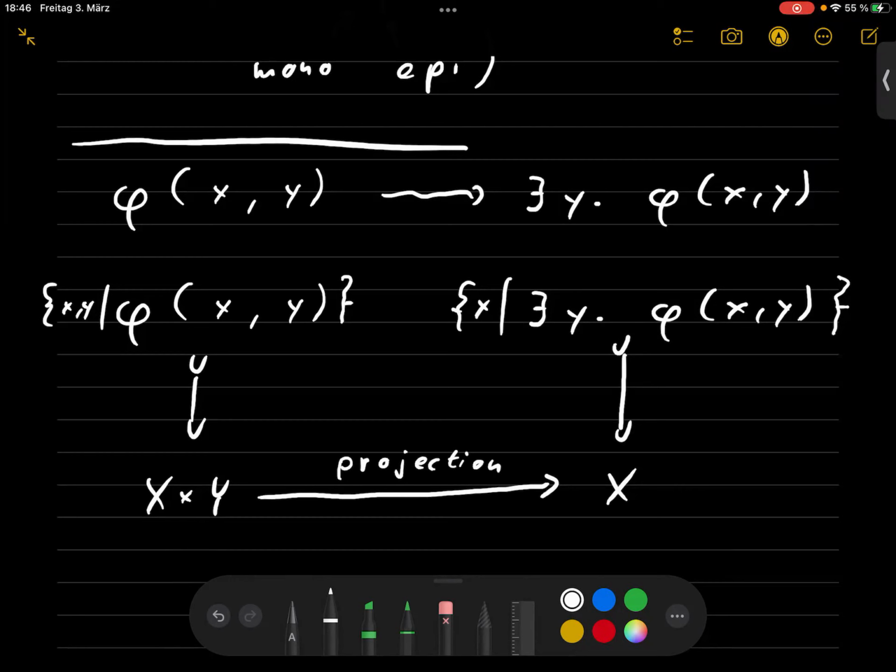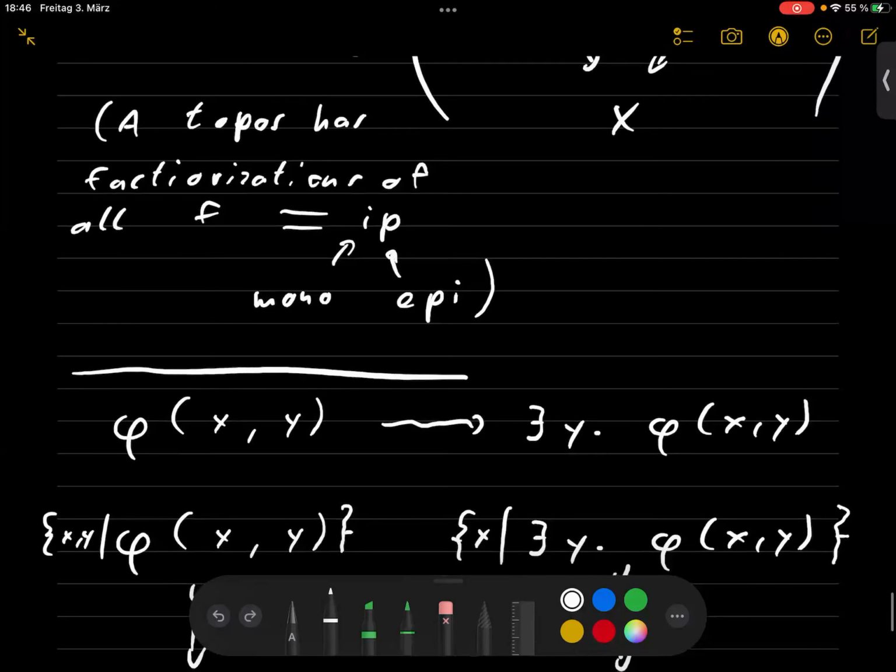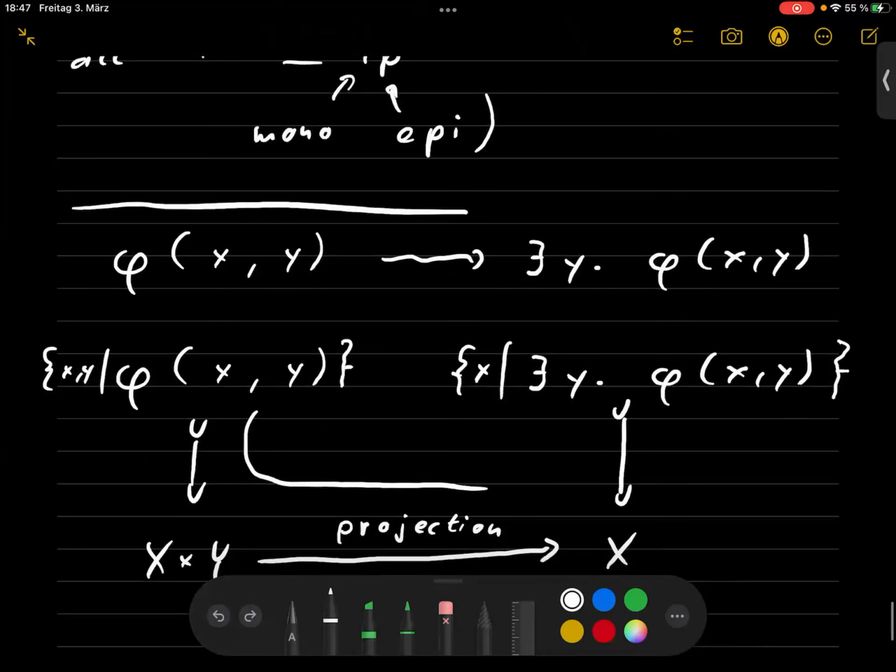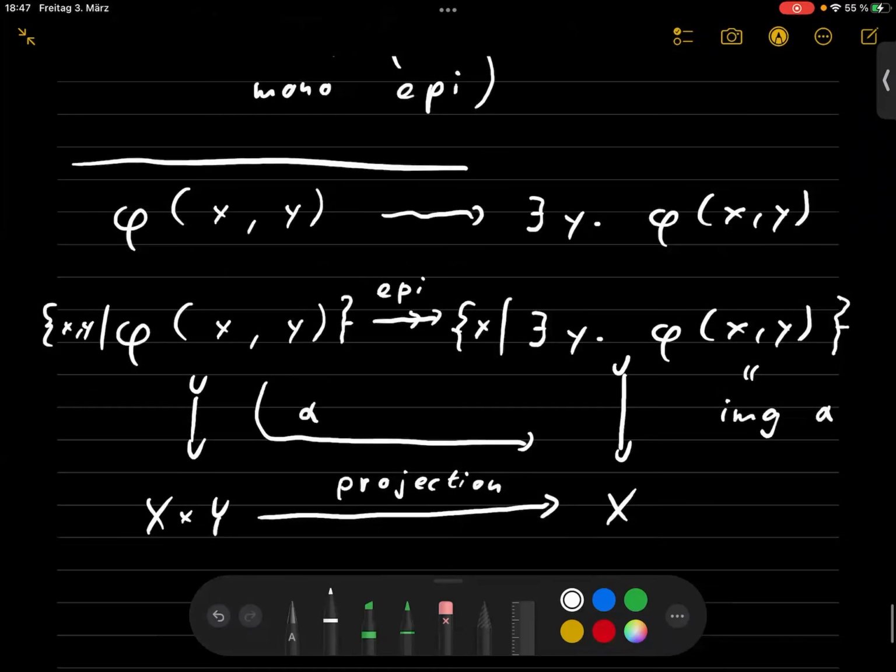And when we have now this bottom morphism, again, by this image definition, it is possible to factor it in such a way that this will be an epimorphism. So in essence, if we call this composition alpha, then this here is the image of alpha. Okay, and this is how to interpret the existential quantor.